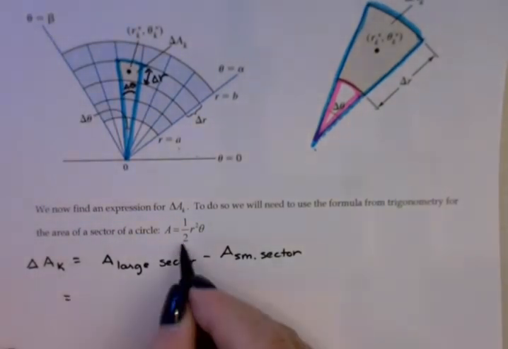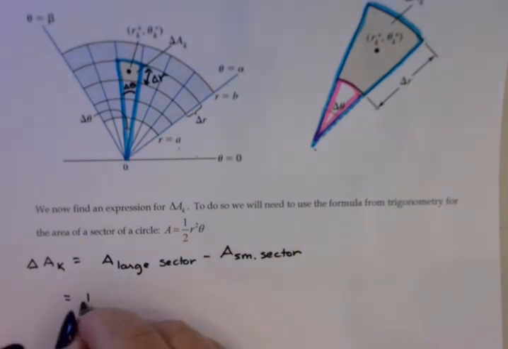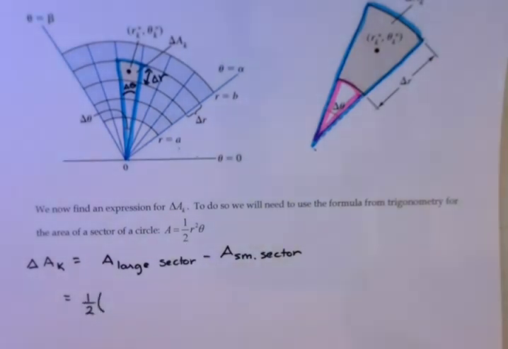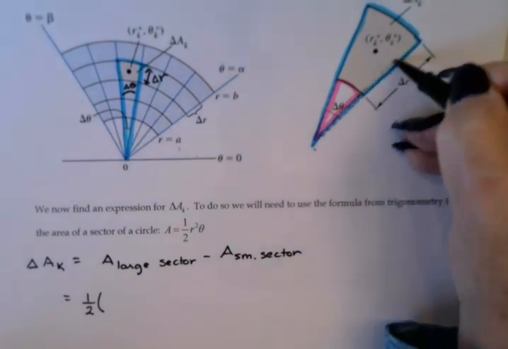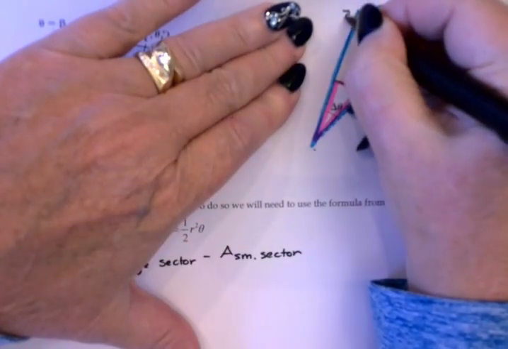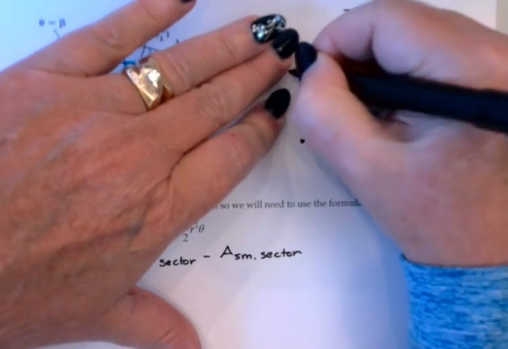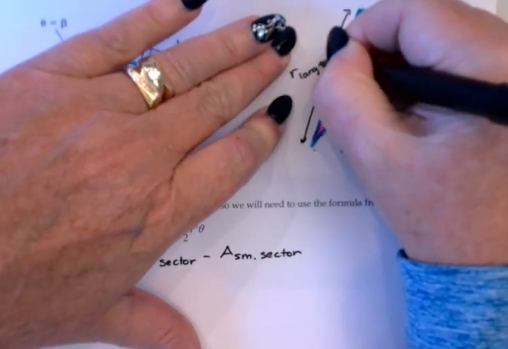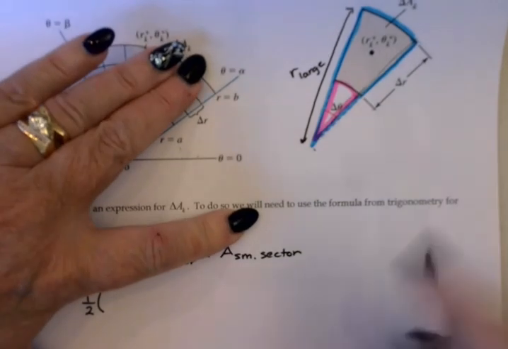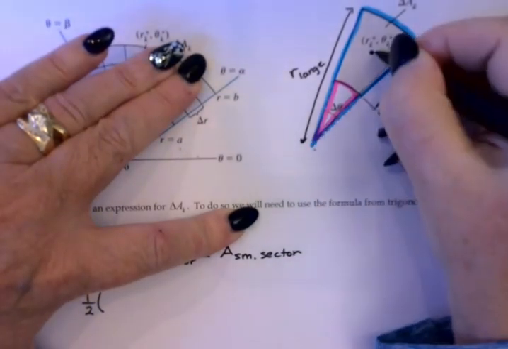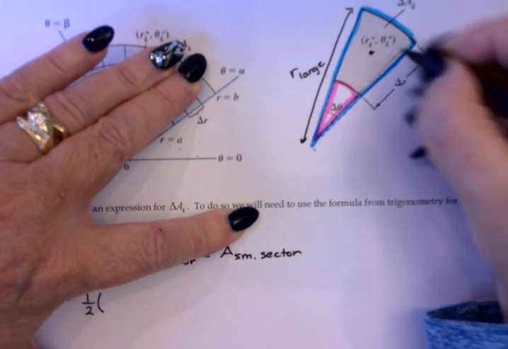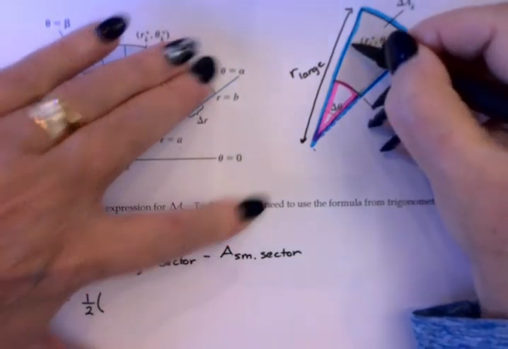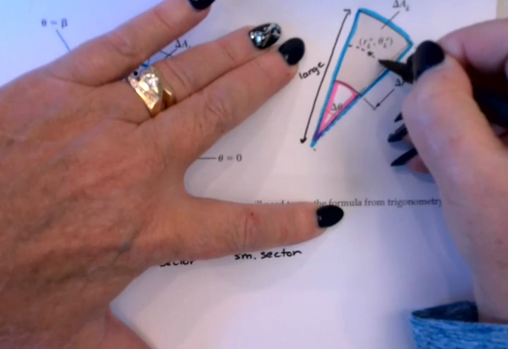The area of the large sector, using my sector formula, is 1/2 times. Now for the large sector, the radius here is going to go all the way to r k, and then it's going to go 1/2 of delta r further, right? This is the r k line right here.